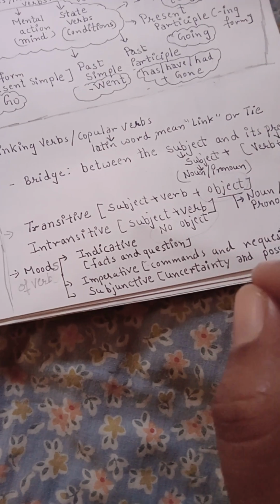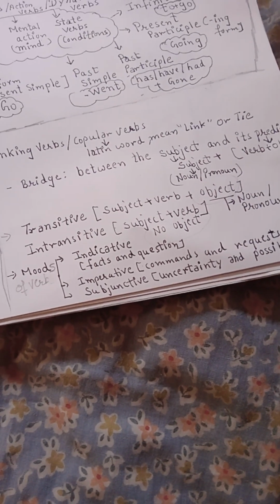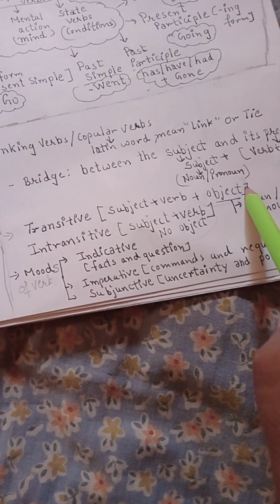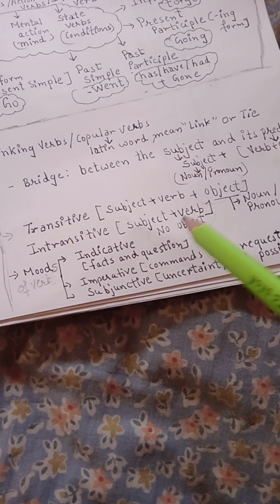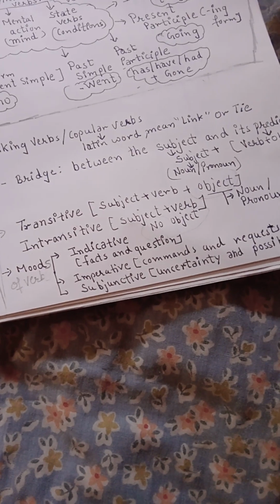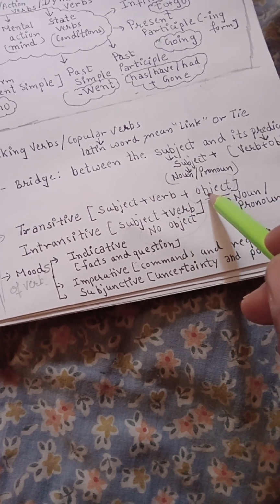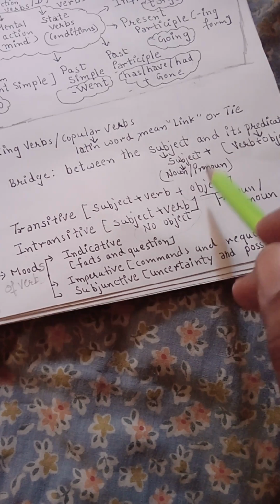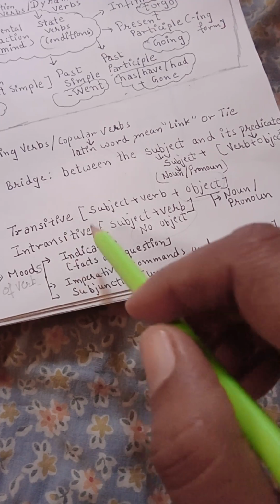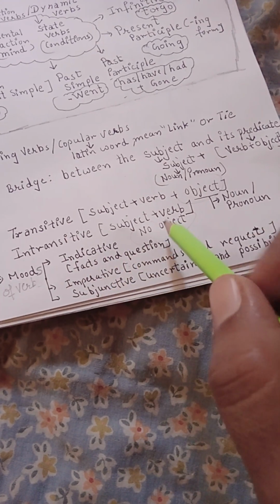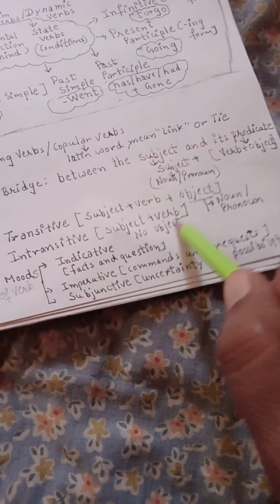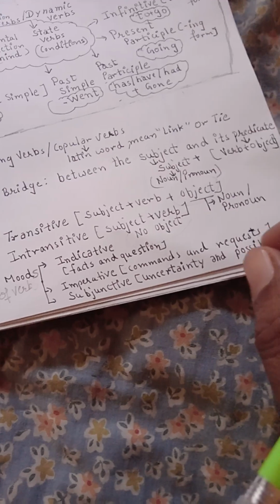Okay, you don't need to put object, but in transitive verb object is very important. For example, you go to school. So school is the object. Okay, so object is very compulsory for the transitive verbs, but in intransitive verbs only verb is sufficient. Okay, you don't need to put object.